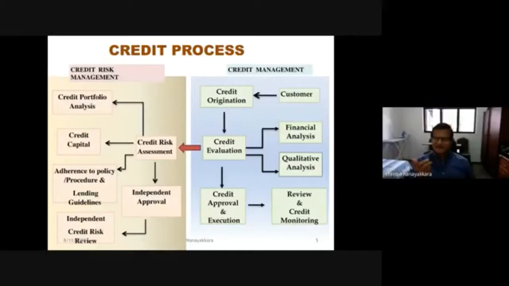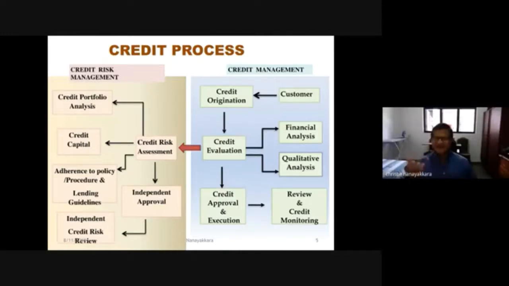Financial analysis includes something to do with figures. As I told you, if it is a housing loan, you ask for the customer's income. He will present his net salary or salary sheet. From that, you will identify how much money he is getting.